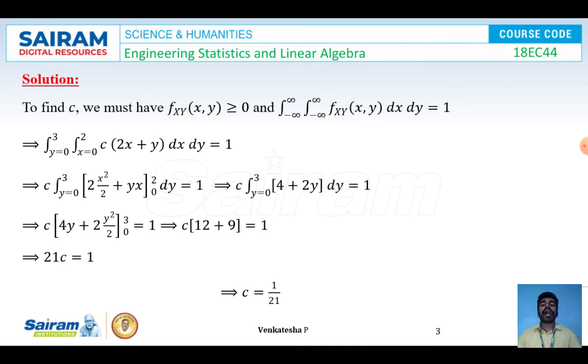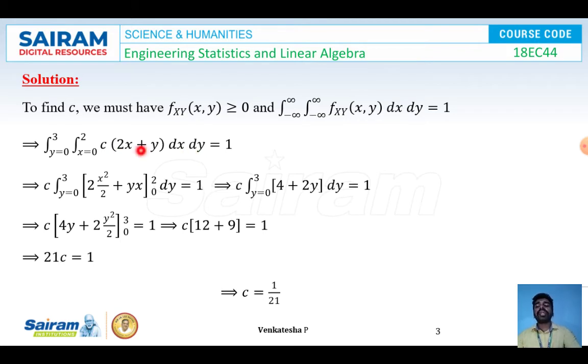Now I am going to replace the given joint PDF f(xy) of x comma y is equal to c into 2x plus y, and the limit x varies from 0 to 2, y varies from 0 to 3 in the above integral. After replacing that, I got the expression integration y from 0 to 3, integration x from 0 to 2, c into 2x plus y dx dy is equal to 1.